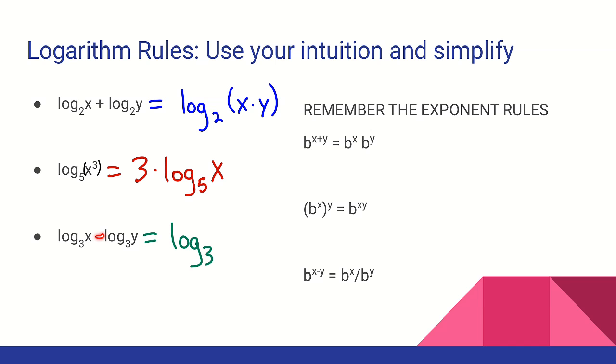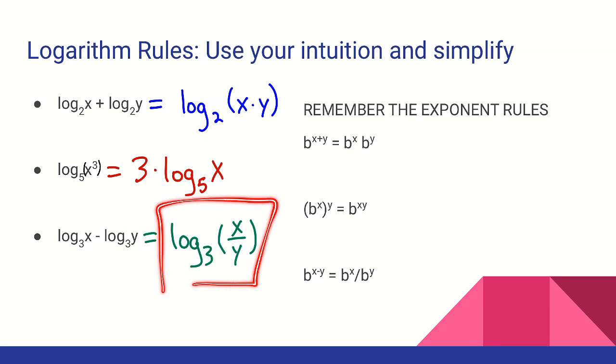We are subtracting these two logarithms. The argument of the first logarithm becomes the numerator, and the argument of the second logarithm becomes the denominator, in the argument of the new logarithm.